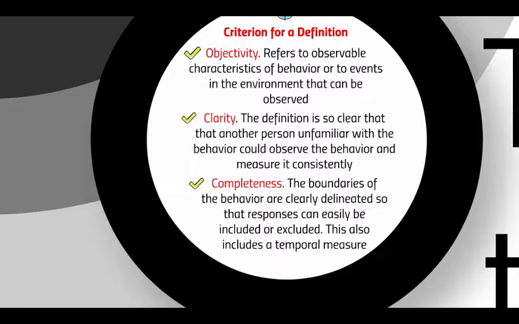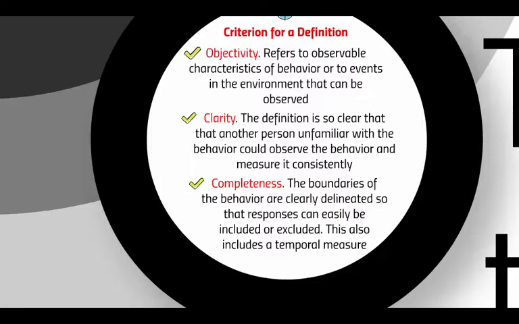And then with respect to completeness, the behavior has to be clearly delineated so that the responses can be easily included or excluded. So the question becomes, what sound does Sky make that is not a bark? And what sounds does Sky make that fall into the category of a bark? So I'd have to be clearly providing information along that line to ensure that I get good, accurate recording between myself and another person.